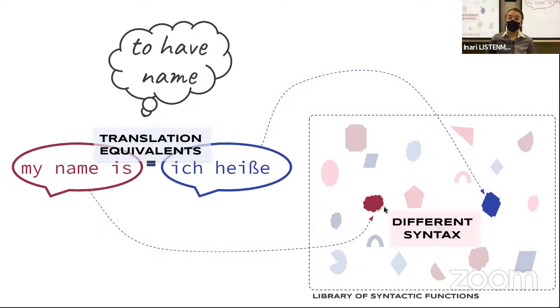And then again, on the level of the library of syntactic functions, these two are not translation equivalents, because one of them has some kind of possession and just a copula, and the other one is a whole independent verb, a content word with semantic content. To have name is a single verb. So on this level, these are not translation equivalents, but these two are because they relate via an abstract syntax.